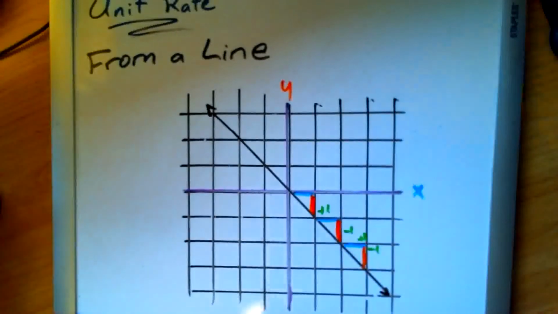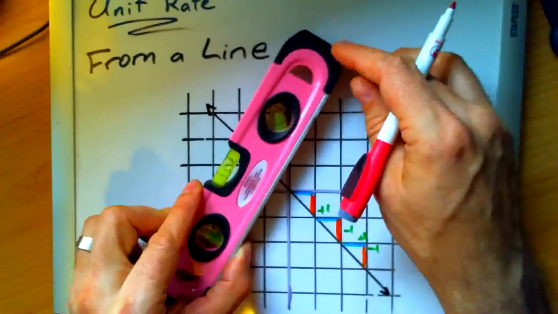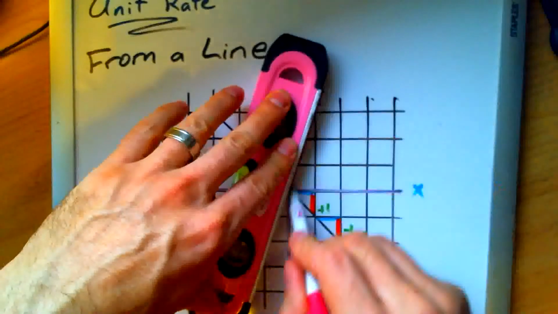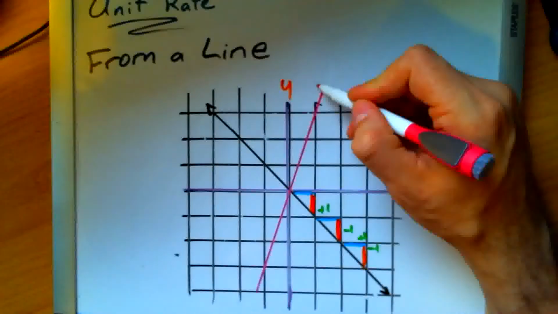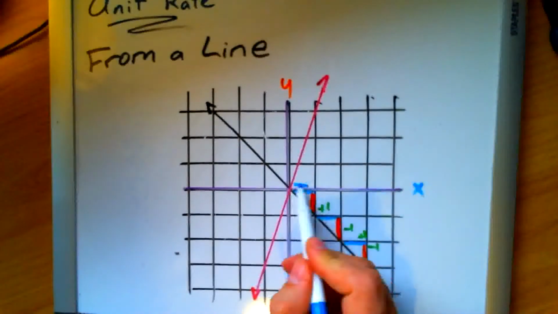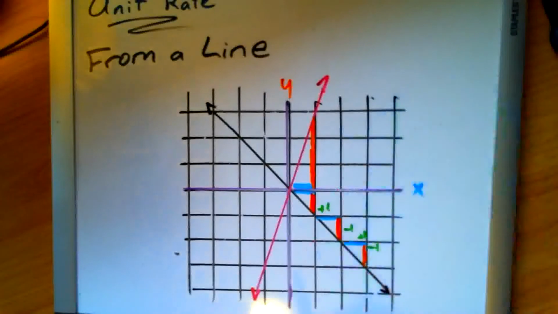Let's look at another line. Let's try another example. Now, when x goes up by 1, y goes up by 3.